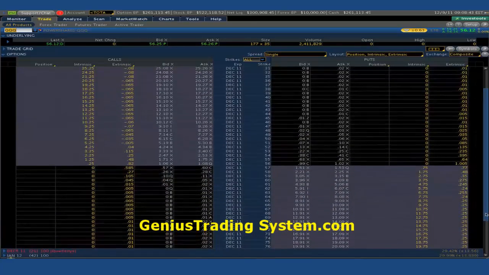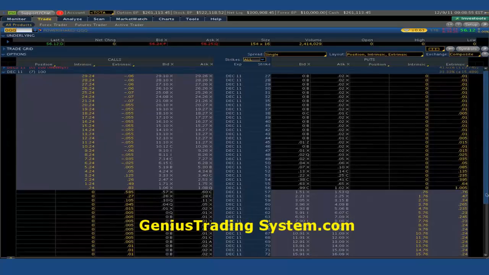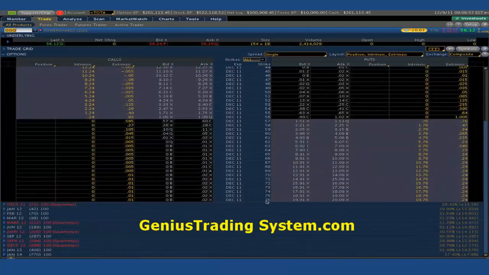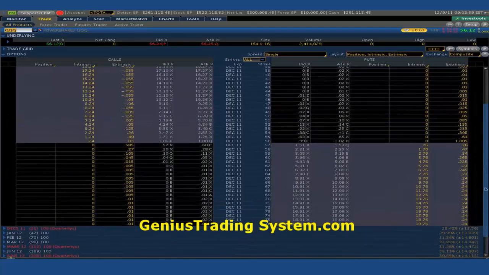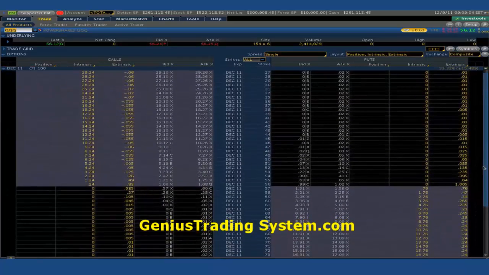I'm sorry, it goes all the way down to 27. It starts with a strike price of 27 and it ends with a strike price of 76. Those are the only strike prices available for this particular ETF. On the left side, you have call options, and on the right side, you have put options.